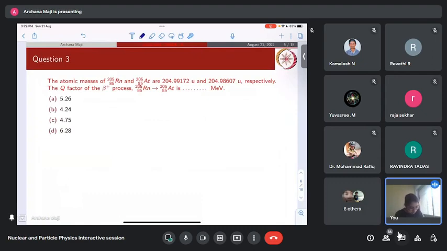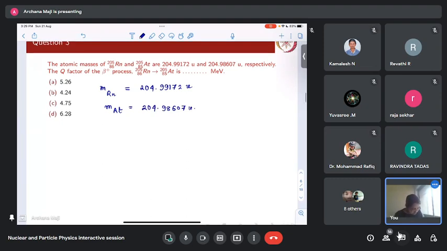So let's move on to the third question. Atomic mass of radon and At are given to be 204 atomic mass unit. What is the Q factor of the beta plus process?